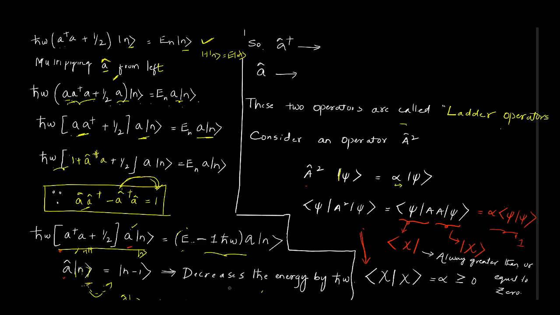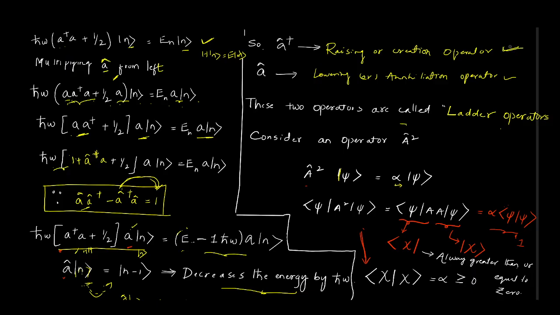That is why A† is called the raising or creation operator, whereas a is the lowering or annihilation operator, because it is decreasing the state of the system, whereas A† is increasing the state of the system.